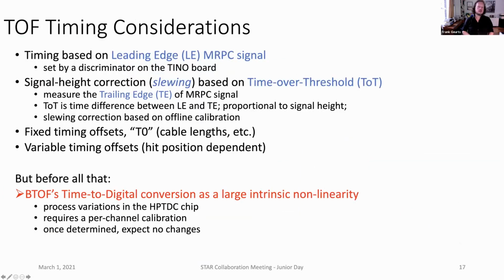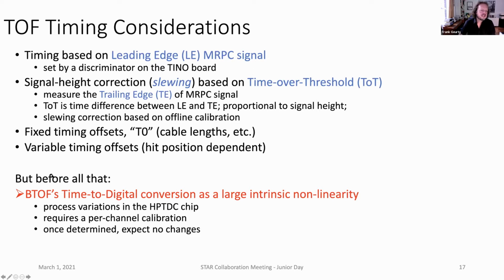All right. So what are the timing considerations now that we have seen the MRPCs, the electronics? What is it that we're looking at? So the timing will be based on the leading edge of this incoming MRPC signal, and that's set by a discriminator that sits on the Tino board, close to where the MRPCs are.